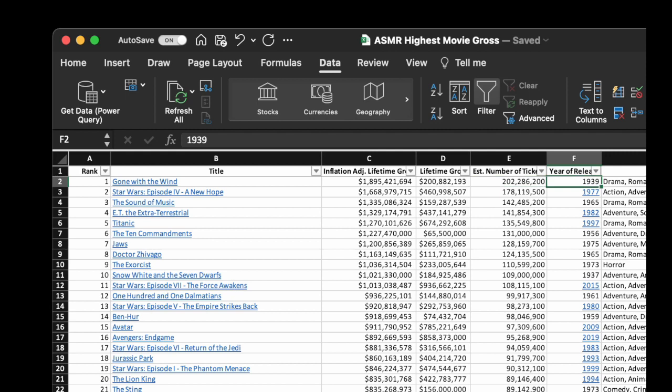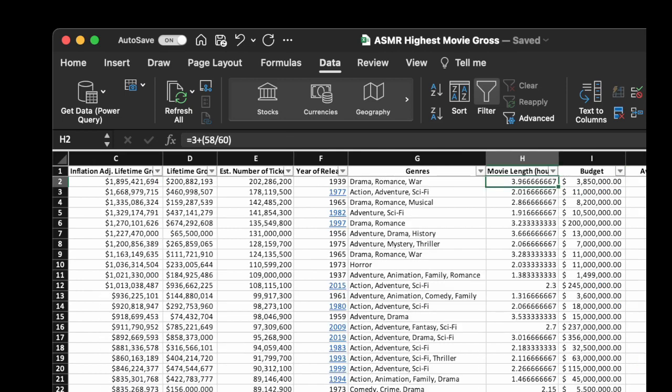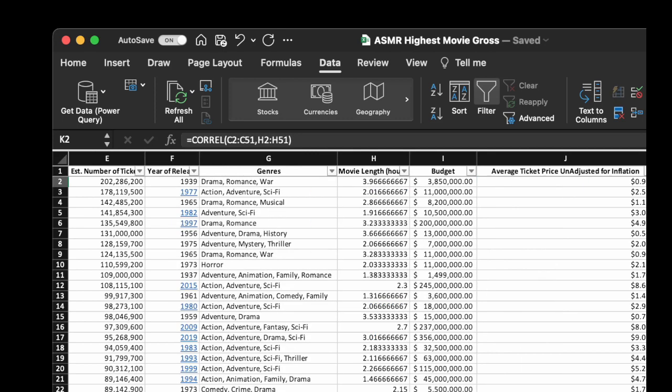Genres were drama, romance, and war. Length of 3 hours, 58 minutes. A budget of $3,850,000. The average ticket price was 99 cents in 1939, which would be about $22, as we saw from the CPI calculator earlier.